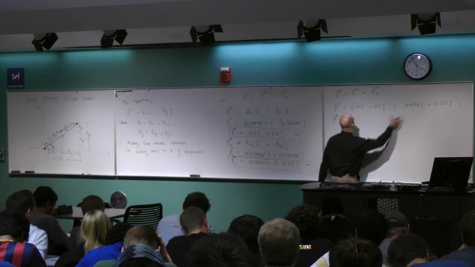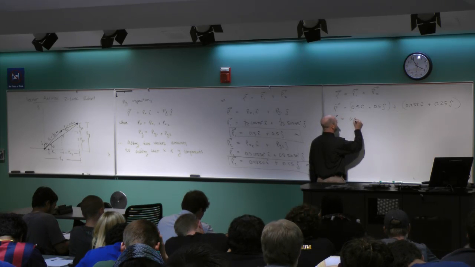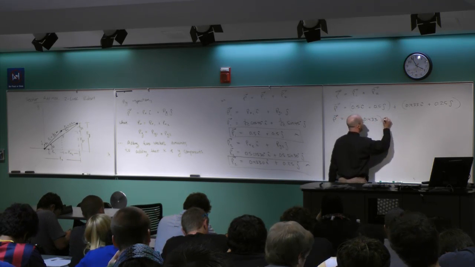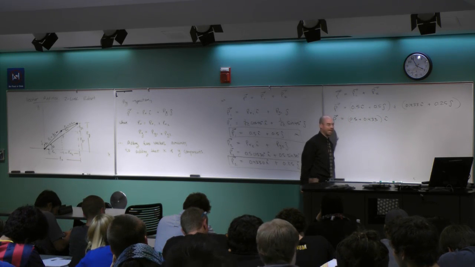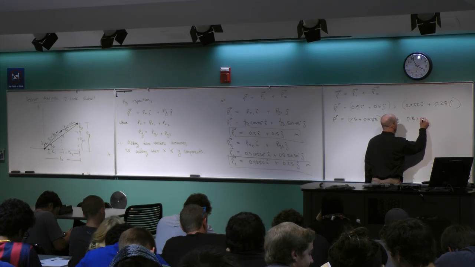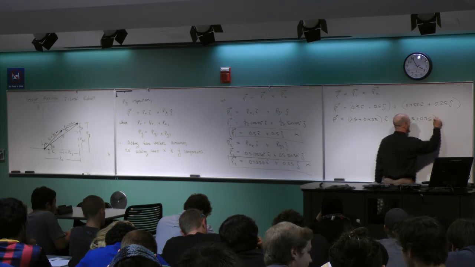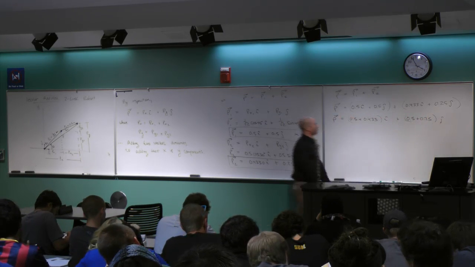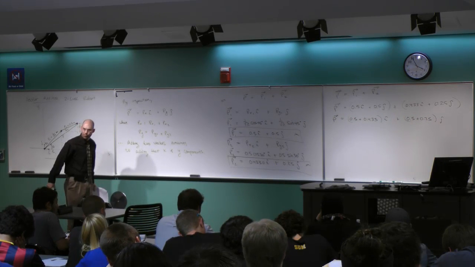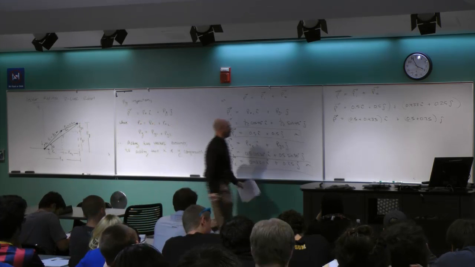I'm going to group the terms: 0.5 plus 0.433, those are the x components, I'm grouping the i's. And then I'm going to group the j's: 0.5 plus 0.25 j. Normally I wouldn't need to see that intermediate step, I just want it to be crystal clear what we're doing here. Just grouping like terms.